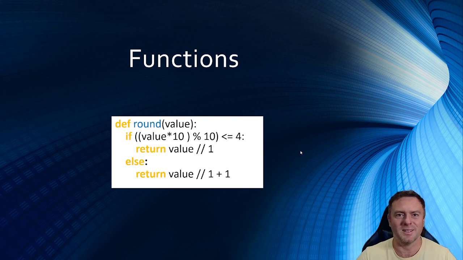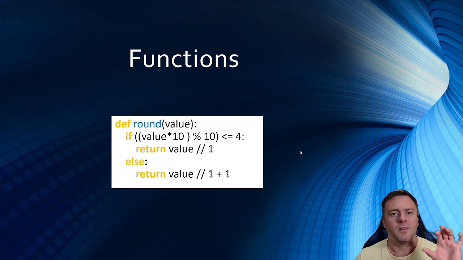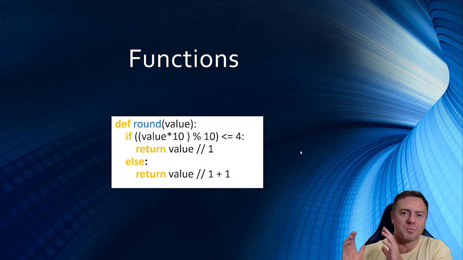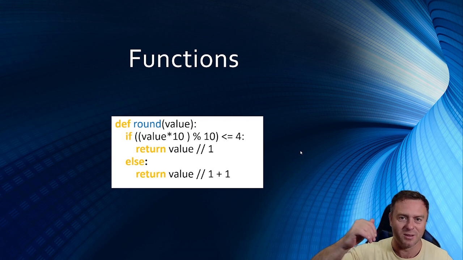Now you don't need to understand this function. This is just so that you've seen what one looks like, and we'll just talk about some of the key words here. So the most important thing when you start a function always has def at the start. So def means that the function is defined. Then you have the name of the function. So in this case, it's round. Then inside the brackets, you have a thing called the parameter, which is the value that's been inputted into the function.